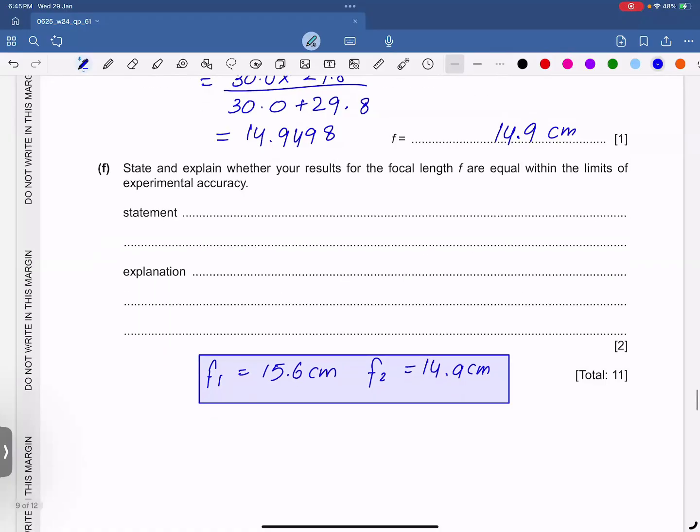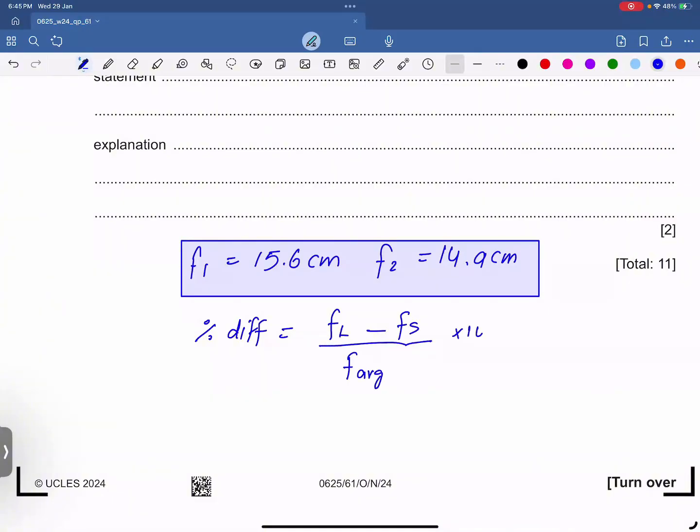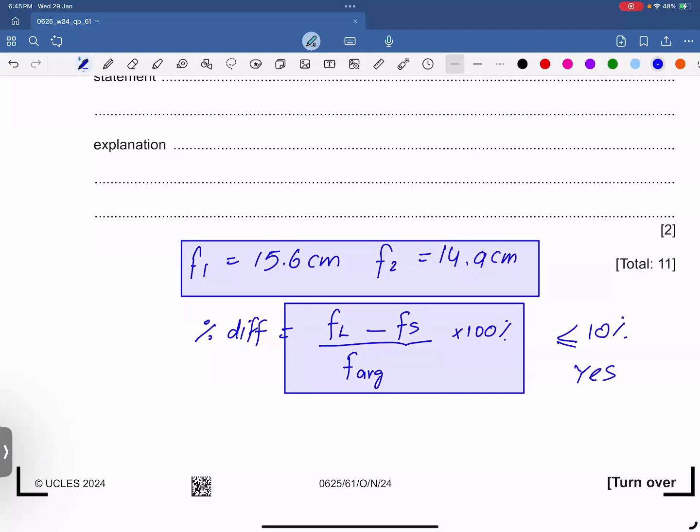Actually, they are equal. Why? You will find their percentage difference: f large minus f small over f average, multiplied by 100%. If your answer comes up to 10% or less, you will say yes. If it comes more than 10%, you will say no.